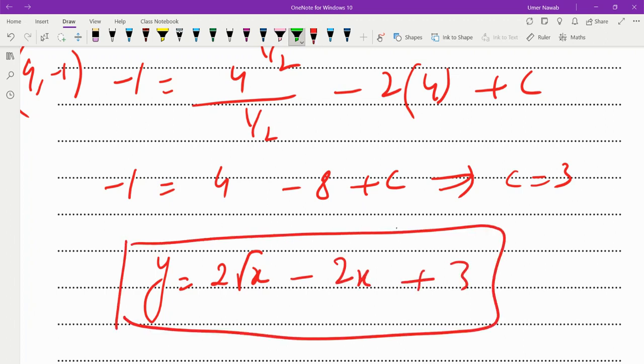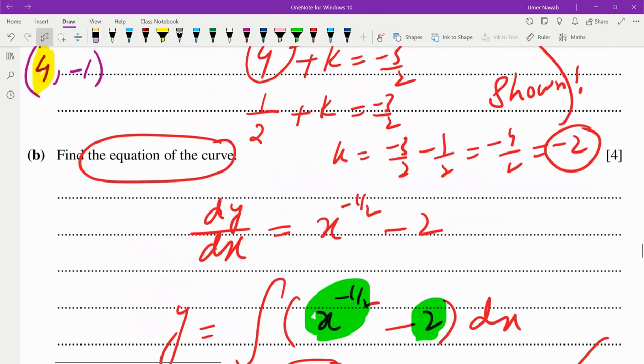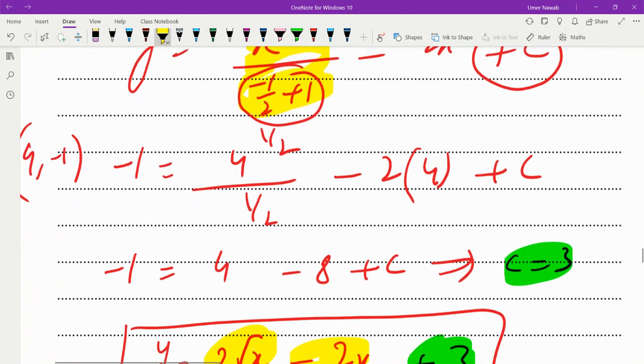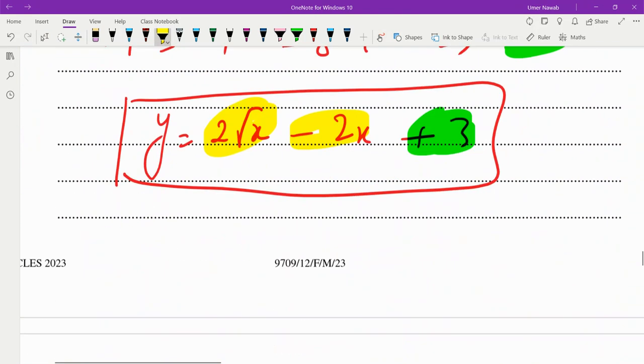I substituted back the value of c I have found. The other expressions I had already found, but in a simplified way, and I got it in this form.